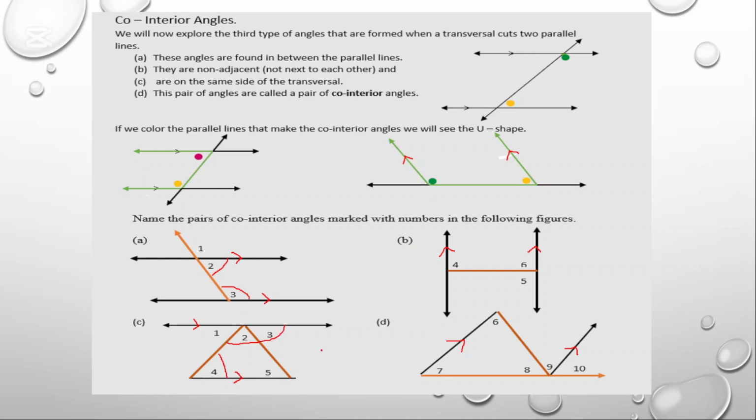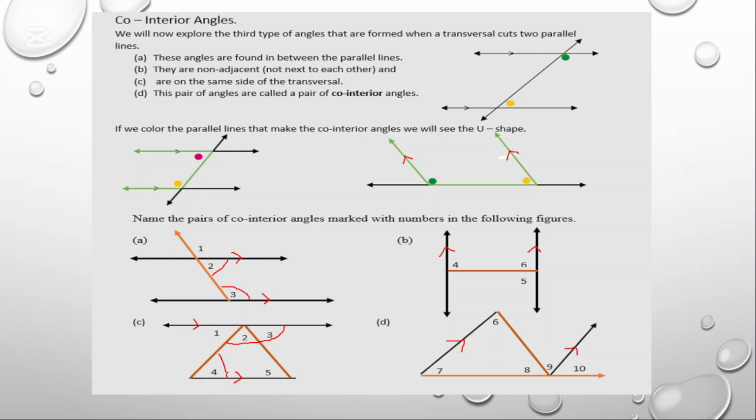This one is a bit different. They are the co-interior angles, 4, 2, and 3. Right? From the parallel line to the transversal. This one, 2 and 3. Right? So this angle is divided into 2 and 3.